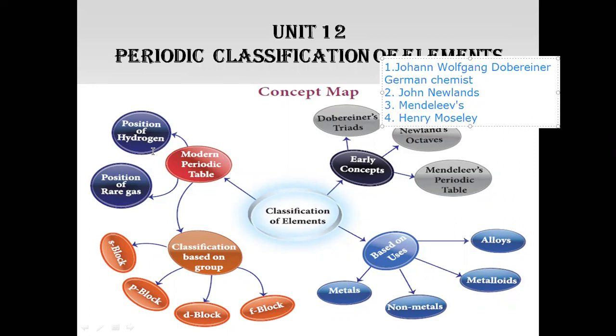Next, in this unit, elements are classified based on their uses into metals, non-metals, metalloids, and alloys.